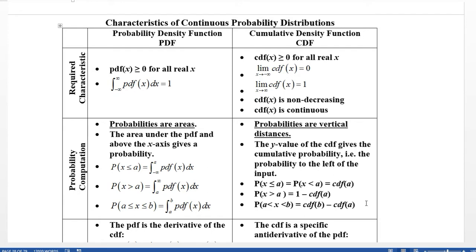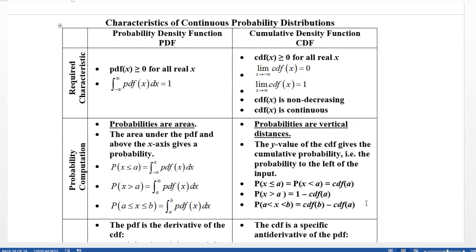And we also have that if we integrate from negative infinity to infinity the PDF dx, we get the entire area between that graph and the x-axis, and that area has to be 1. The probability that something happens is 1, and that's the total probability, the total area.